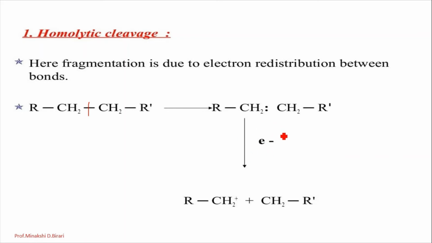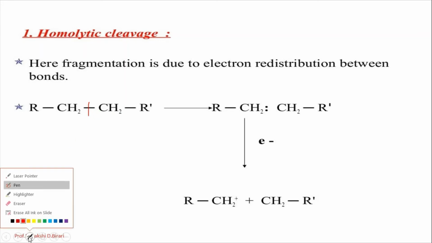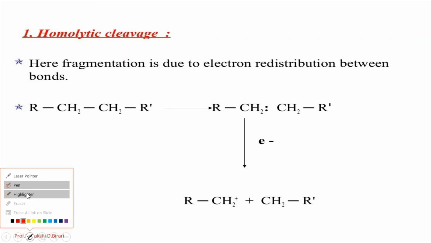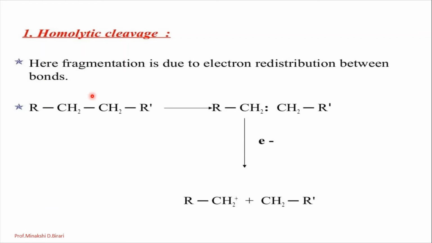So we get fragments RCH2+ and RCH2•. It is also known as symmetrical cleavage. Here the fragmentation is due to the electron redistribution between the carbon-carbon single bonds. So homolytic cleavage is also known as alpha cleavage and it is initiated by the radical site.